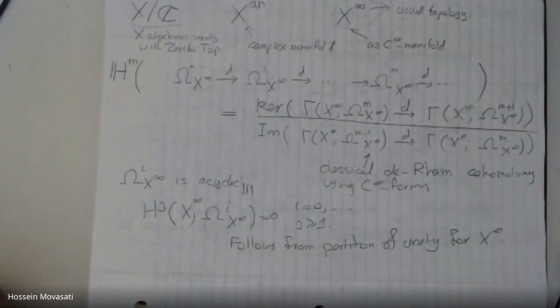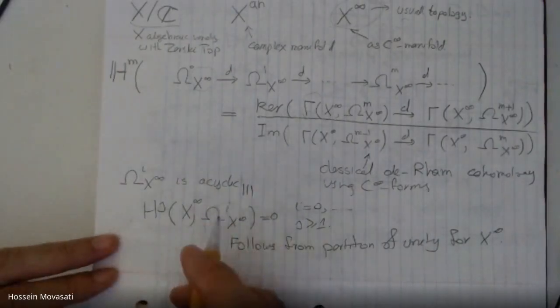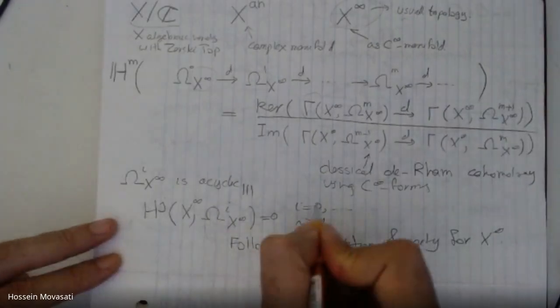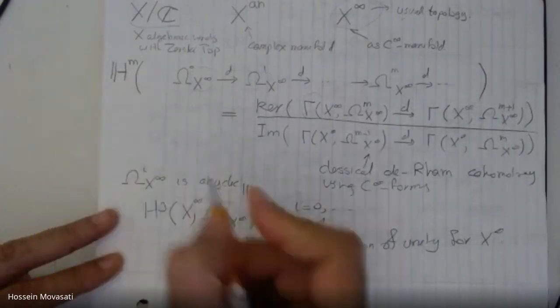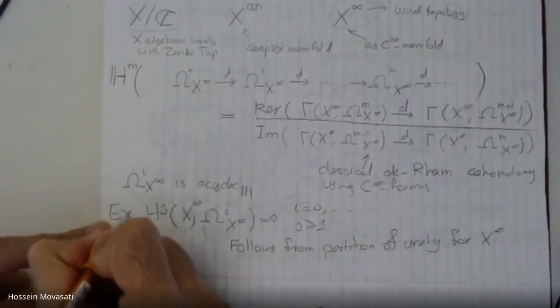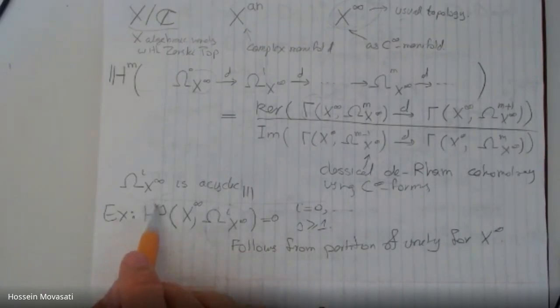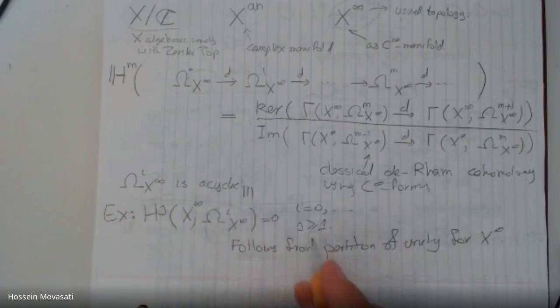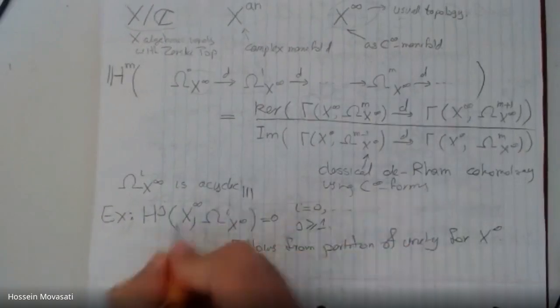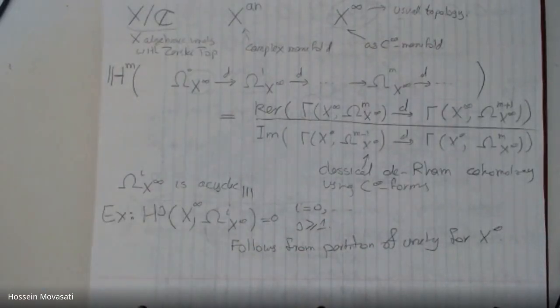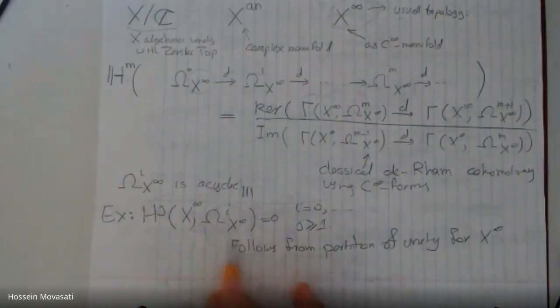Maybe I can put this one as an exercise: in any C infinity manifold, the sheaf of differential I forms has all cohomologies 0 except the zeroth cohomology, which is just the global sections. So in our case, this is satisfied.